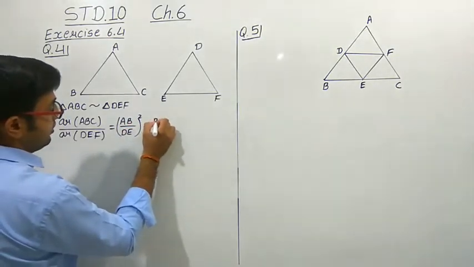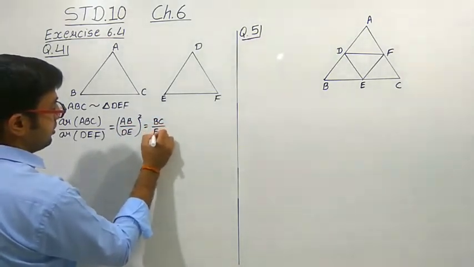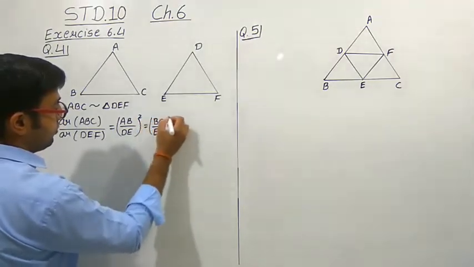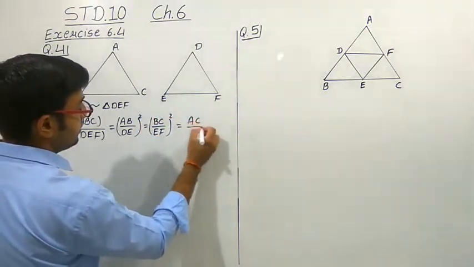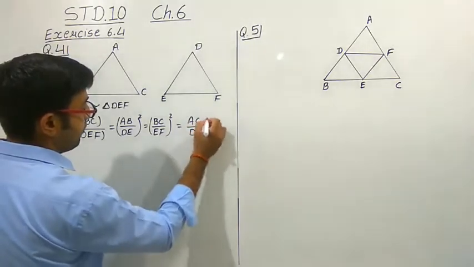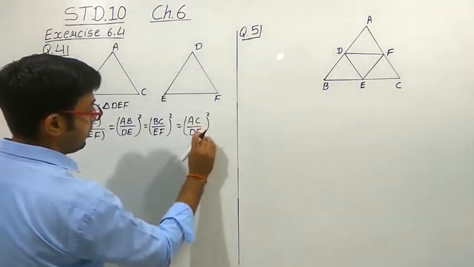In the same way, BC upon EF whole square, that is equal to AC upon DF whole square.